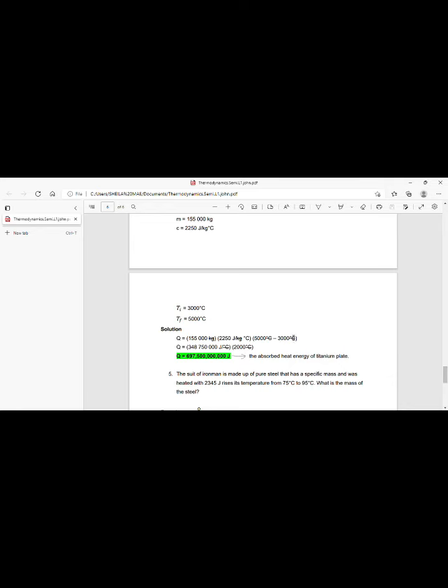Q is the heat energy. By the way, we are going to cancel out the units, kilograms and degrees Celsius. Our heat energy is equal to 348,750,000 joules.